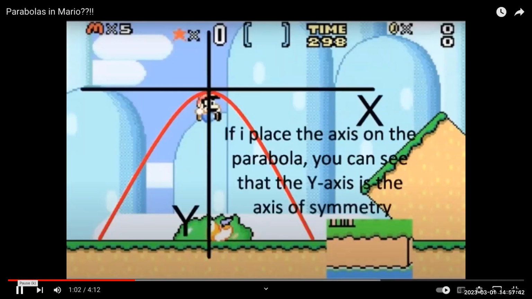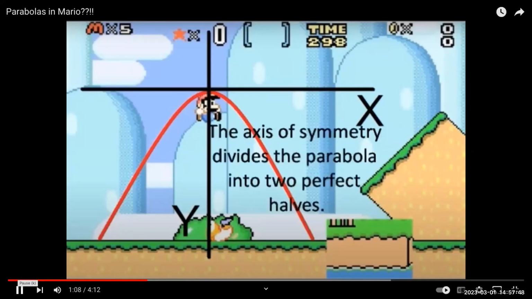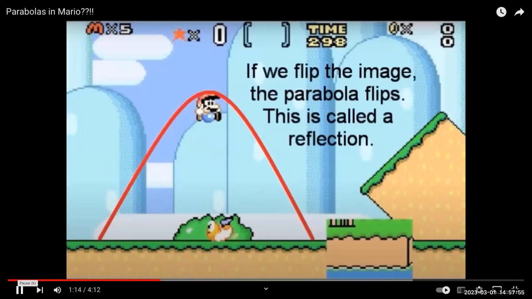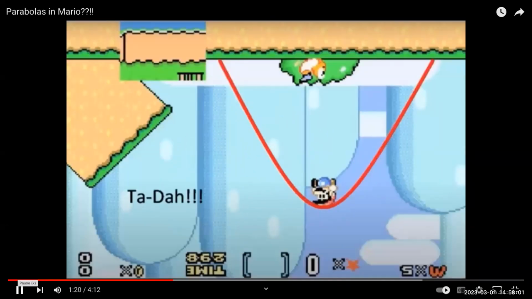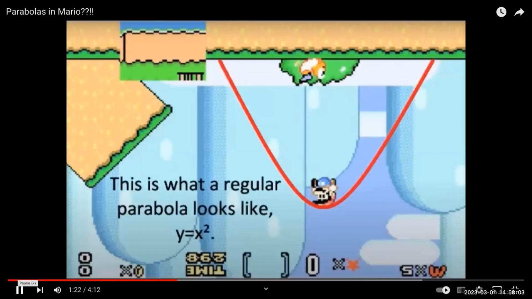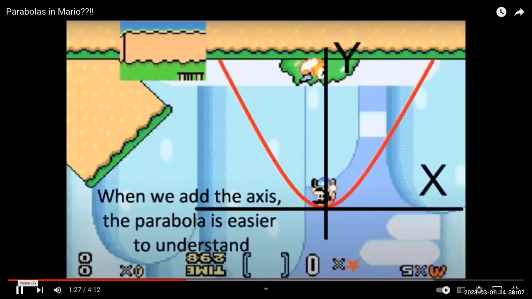Why didn't Mario jump like that and then do some weird thing? How do you do it so that it feels real? In the real world, motion that goes up and down takes a parabolic path. So you have to mimic that in the coding of the game. You have to somehow give it that motion, and that's where the quadratics would come in.